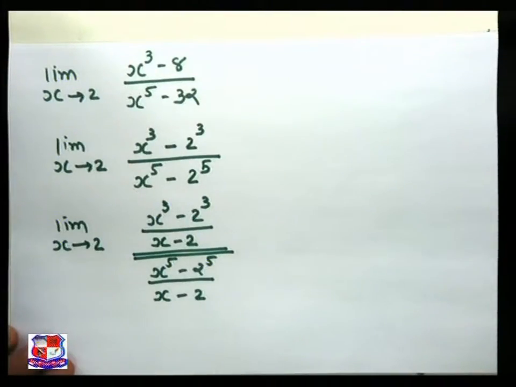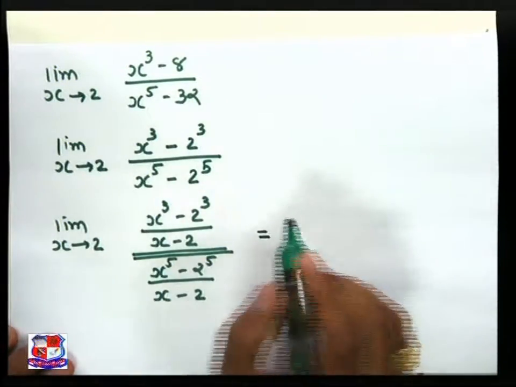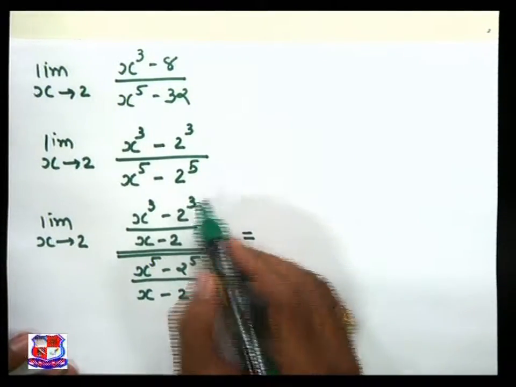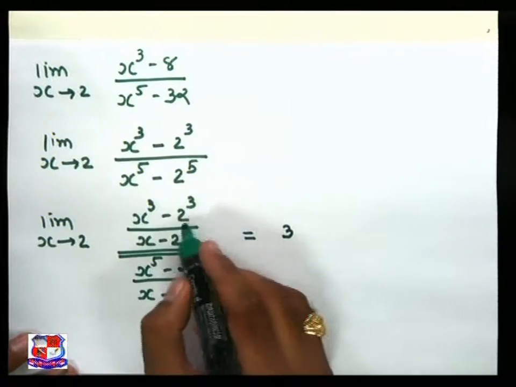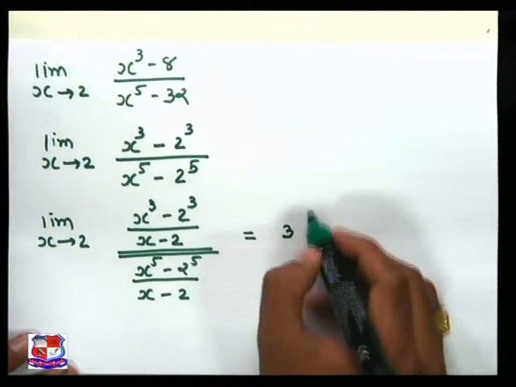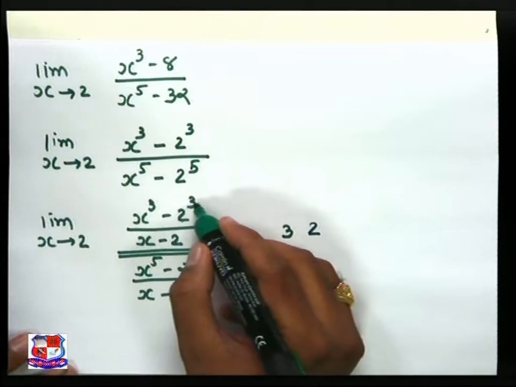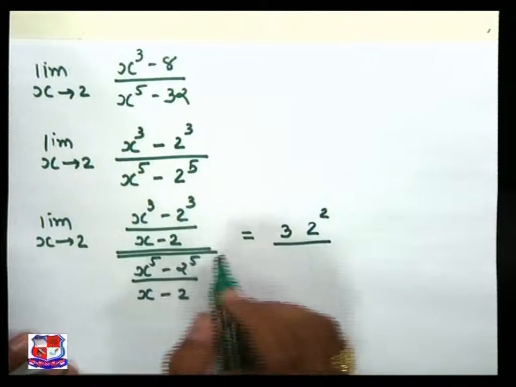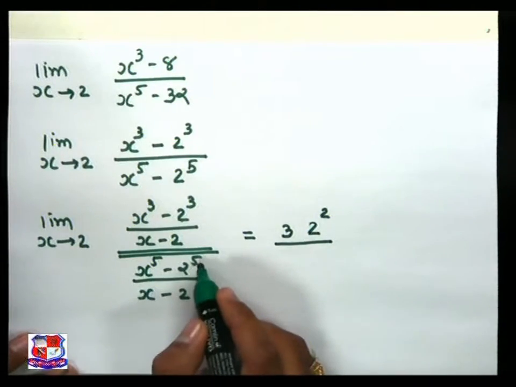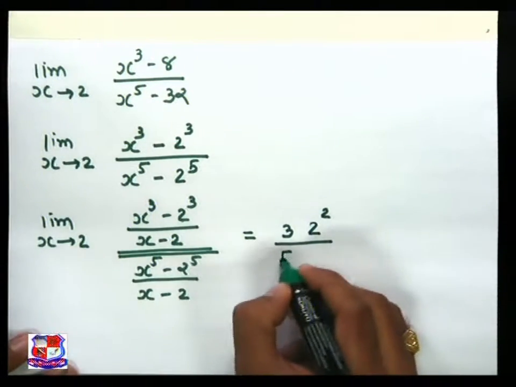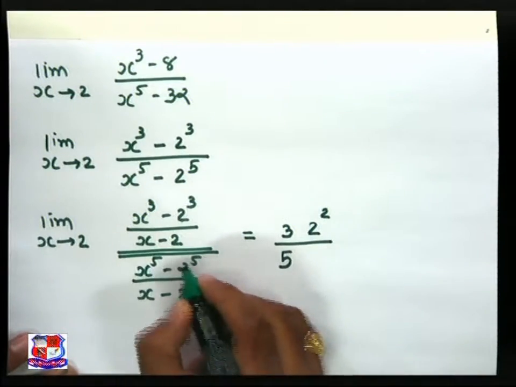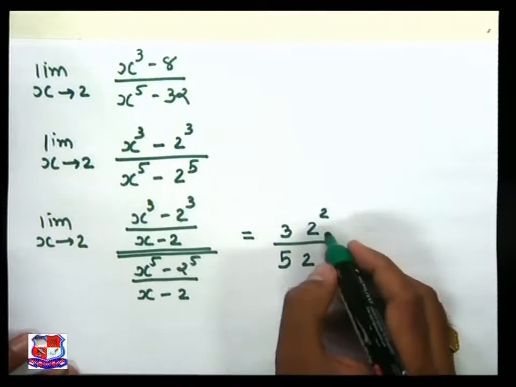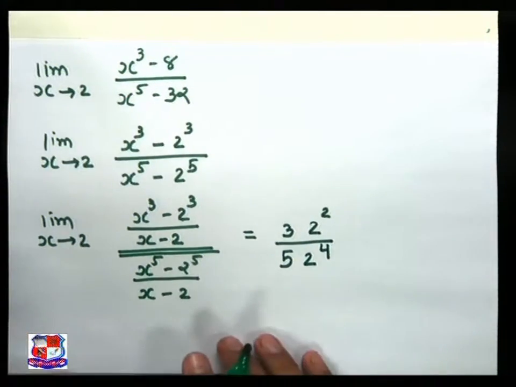So when we replace the limit, put the equal to sign, here n is 3, here a is 2, and n minus 1, that is 3 minus 1, that is 2, divided by, here 2 raised to 5, so n becomes 5, a becomes 2, and n minus 1, that is 5 minus 1, that is 4.